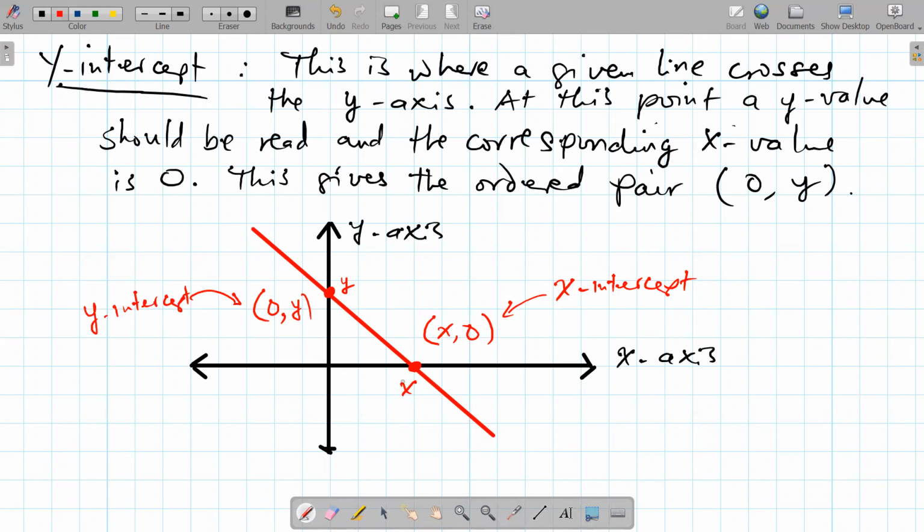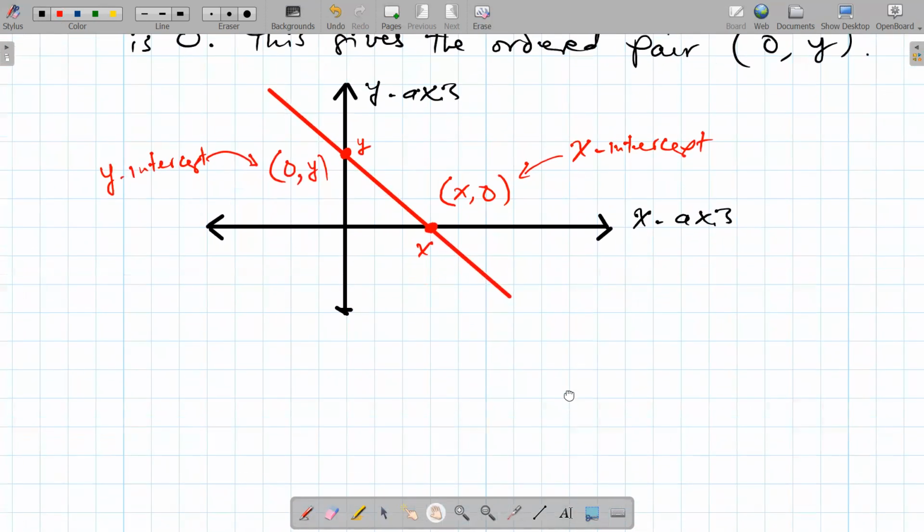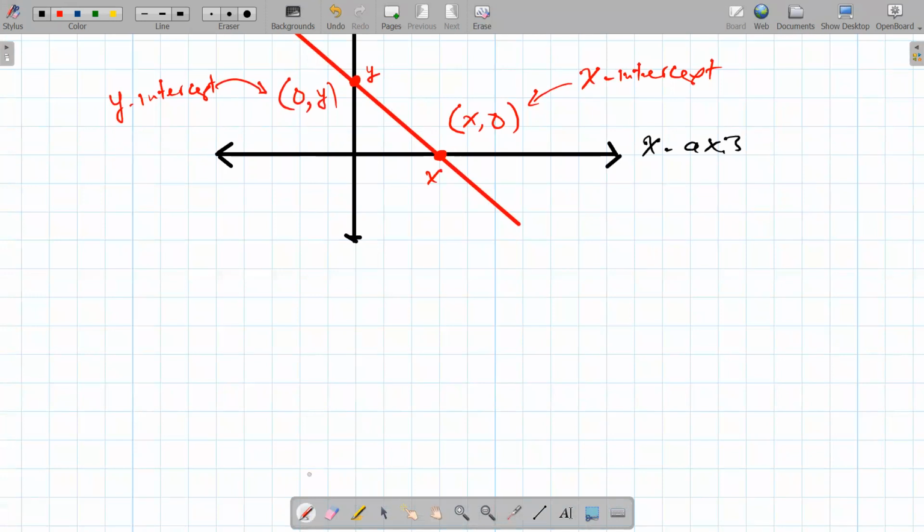Similarly, if the given line crosses the y-axis, it has to cross the y-axis at a particular y value that you should be able to read. The corresponding x value is rather 0, and this is in all cases. Okay, so this is what the intercept is all about. Let's do some examples.